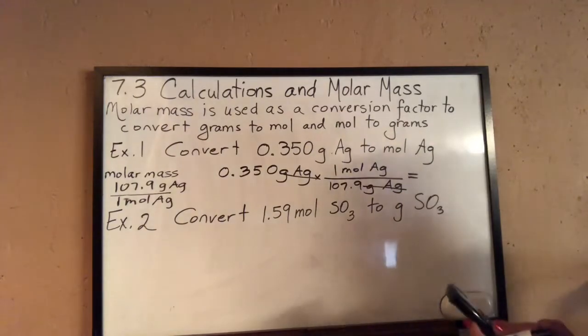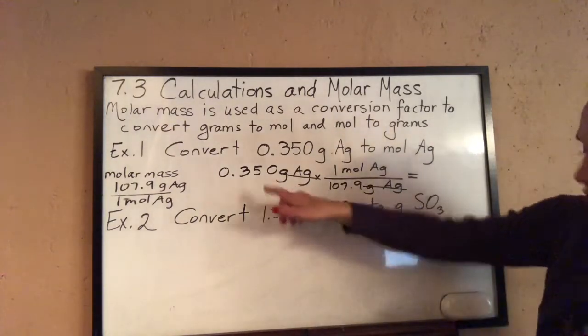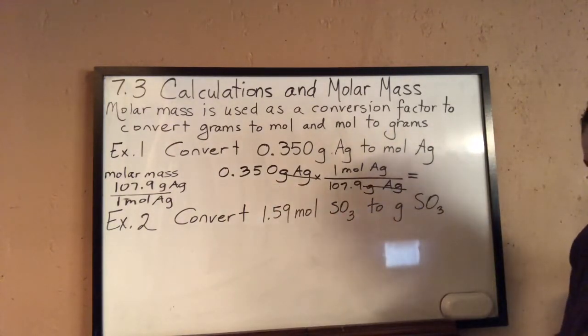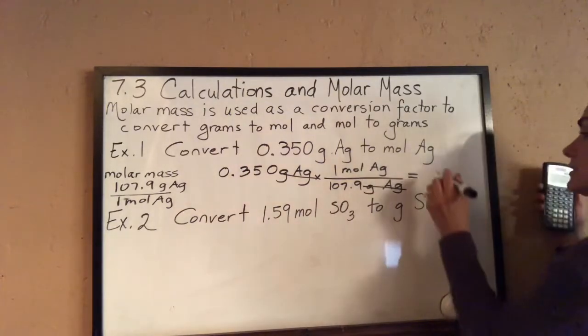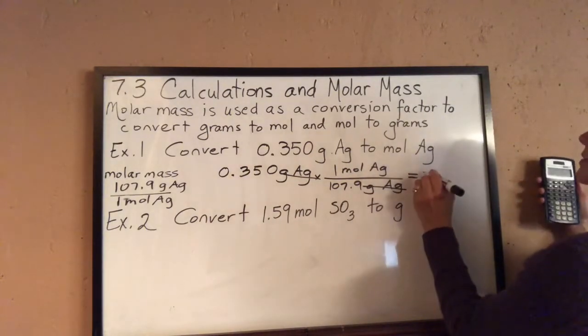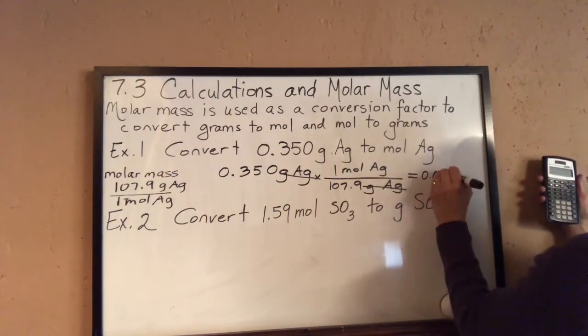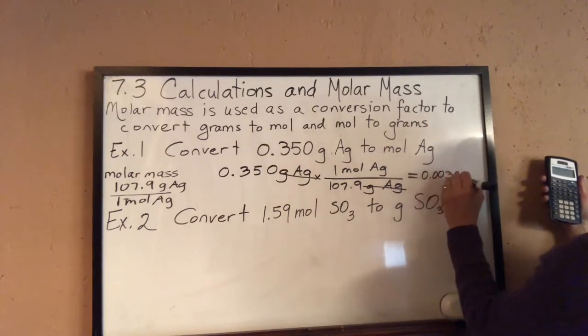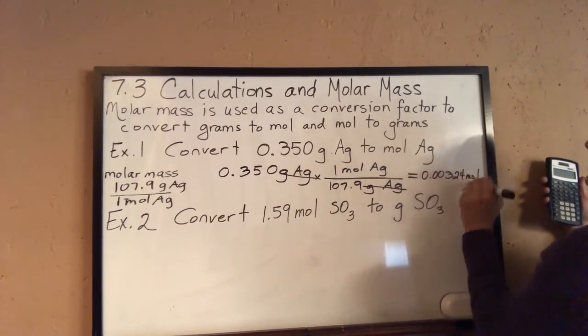So convert grams into moles. So now we have 0.350 divided by 107.9. And that would give us the amount in moles, 0.00324 moles of silver.